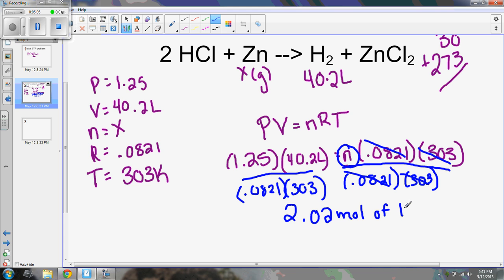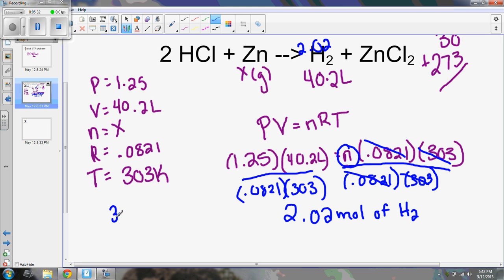of H2 is what I just solved for. So I had 40.2 liters of hydrogen gas. I plugged it into PV equals nRT, and I solved for 2.02 moles of hydrogen. I rounded to 3 sig figs. So now that I have moles of hydrogen, 2.02, now I can solve for moles of zinc. And this is where the chart comes in.